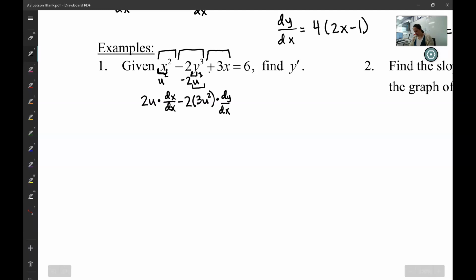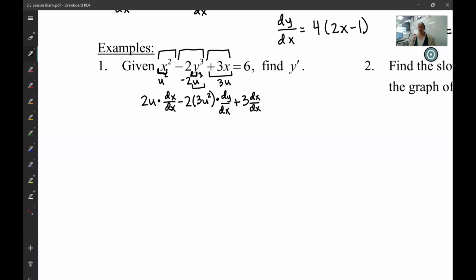And then the last one, change this to a 3u, so plus the derivative, this one doesn't even have a chain rule, so we would do plus 3, and then derivative of the baby, which would be dx/dx.